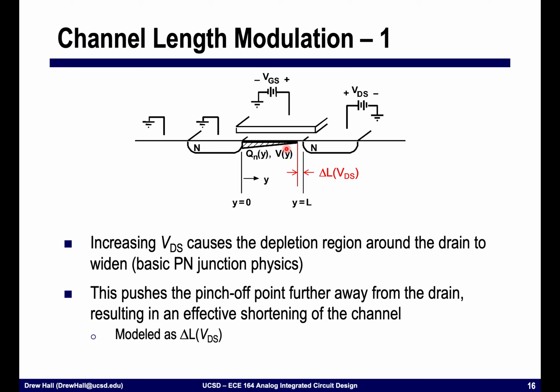This is simply a p-n junction that's happening right here. And as I continue to increase this voltage, the pinch-off point moves farther and farther away from the drain, effectively looking like the channel is now shorter than it was before. And it's shorter by this amount, delta L, where delta L is a strong function of VDS.